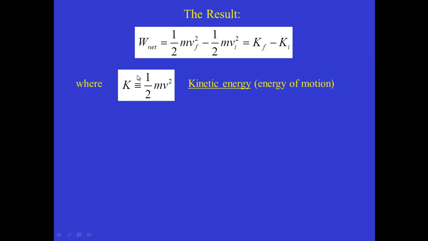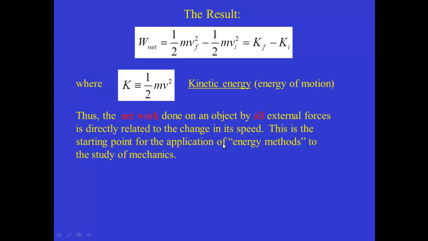We define the kinetic energy, and we'll call it just K. Some books use KE, but K is fine here. We'll just define that to be 1/2 mv squared, so that the net work done is just the change in the object's kinetic energy. And if you've never heard of it before, kinetic refers to motion, so that kinetic energy is the energy associated with motion of an object. It's not all of the energy, but it is the energy associated with motion, and the fact that it depends on v makes that clear.